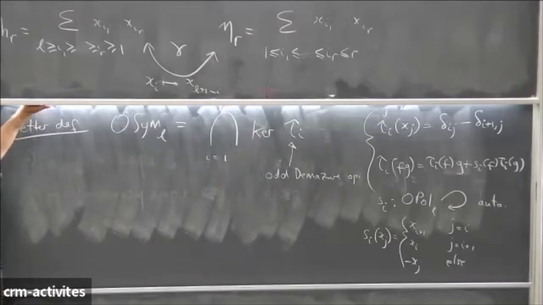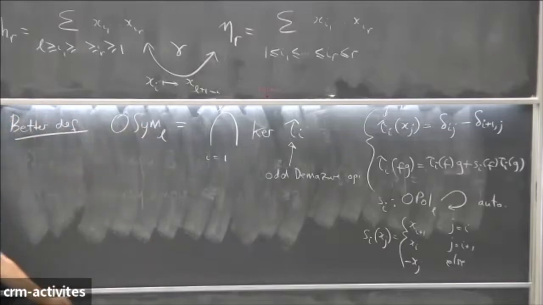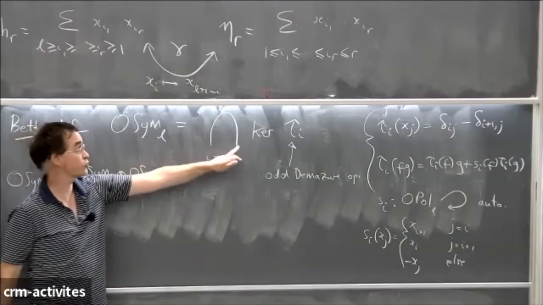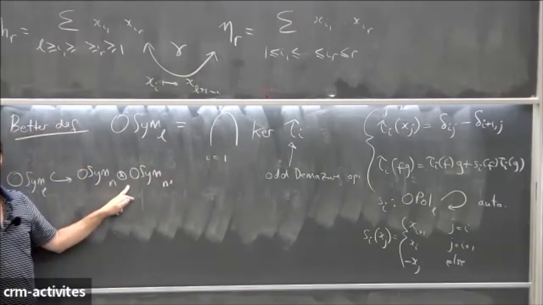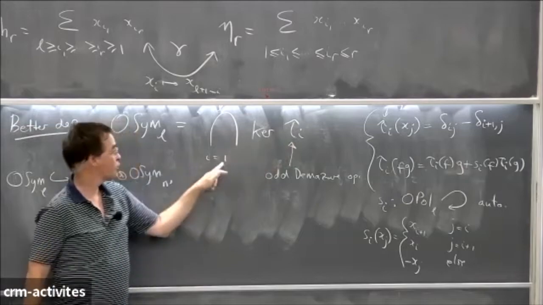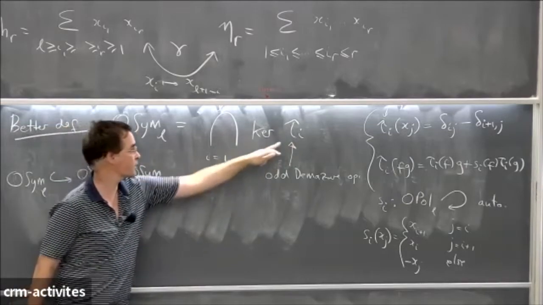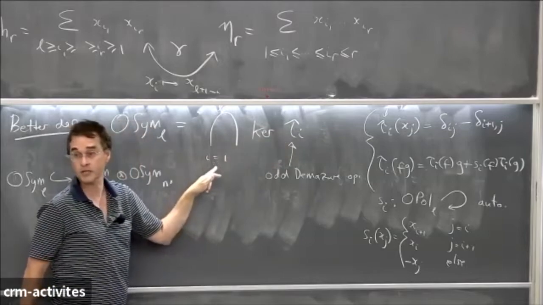And so that's odd Demazure operators, and it gives us this intrinsic definition of odd symmetric polynomials. So it's a slightly weird analog of ordinary theory. Now you have this invariant definition. Of course, you can now work out what you mean by OSym_n tensor OSym_n'. Instead of taking all tau_i's, you skip tau_n, and you just intersect the kernels of all of these except i equals n.